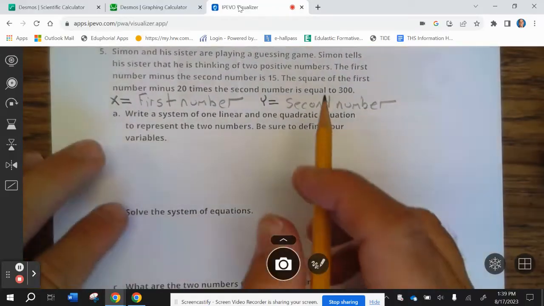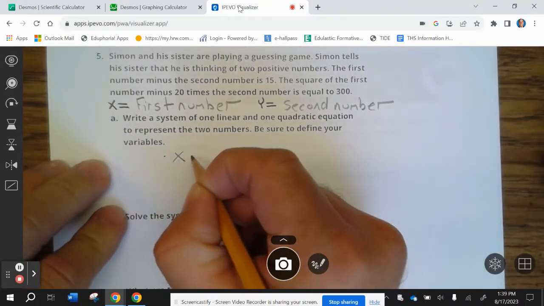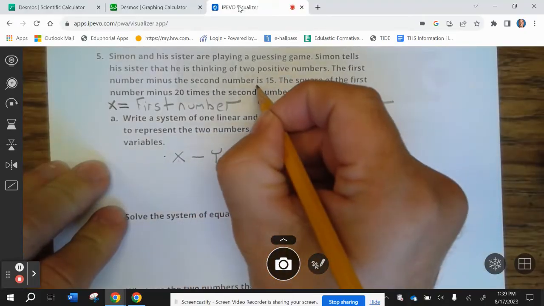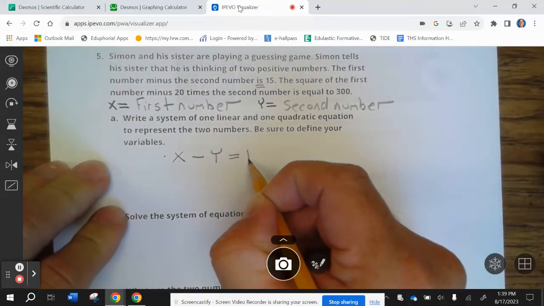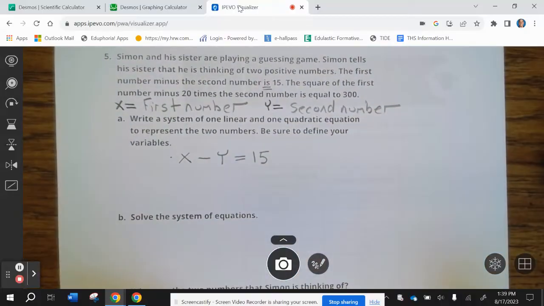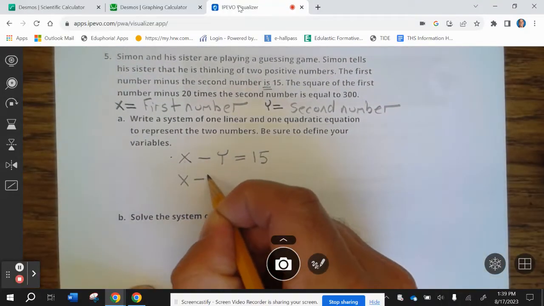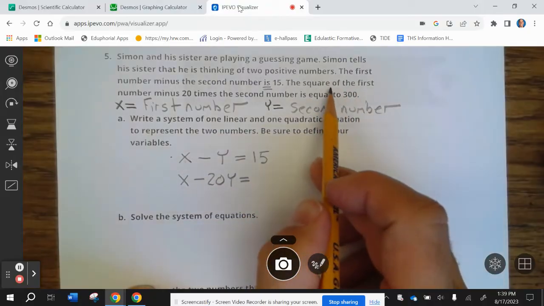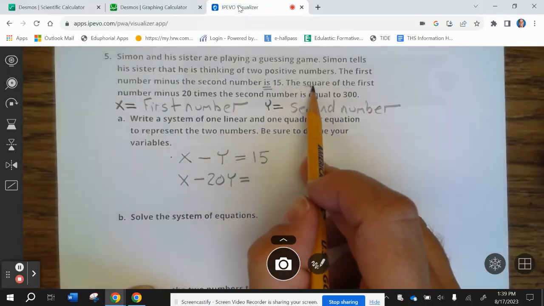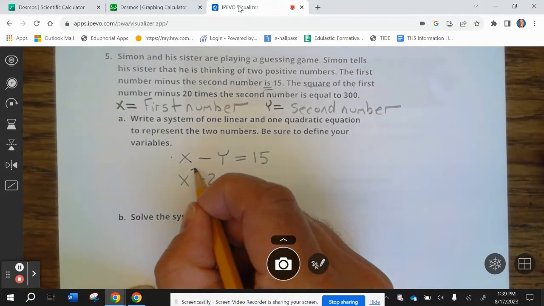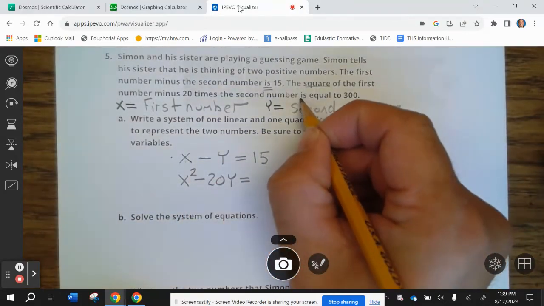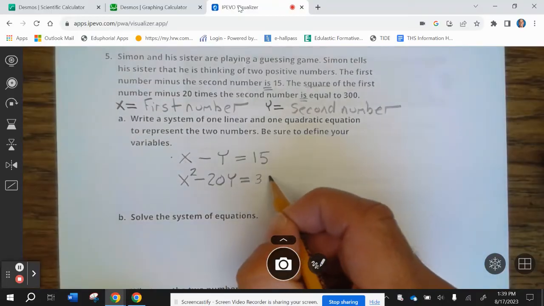Okay, so first number minus second number is equal to, the word is means equal, 15. Now the square of the first number, so x squared minus 20y equals, again, the word is means equal, 300.